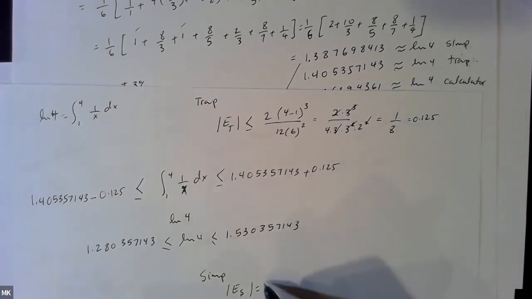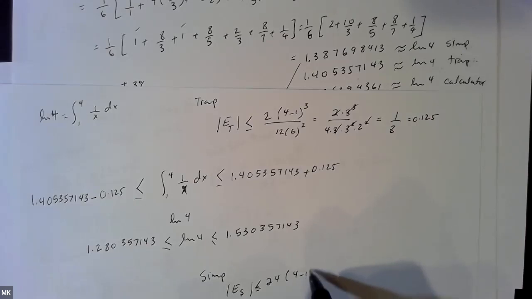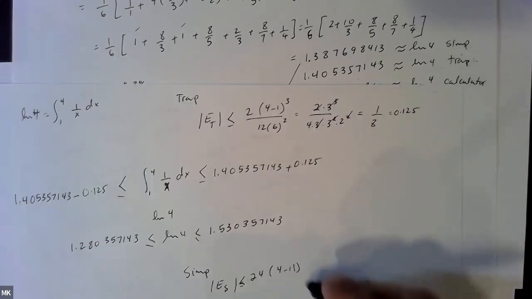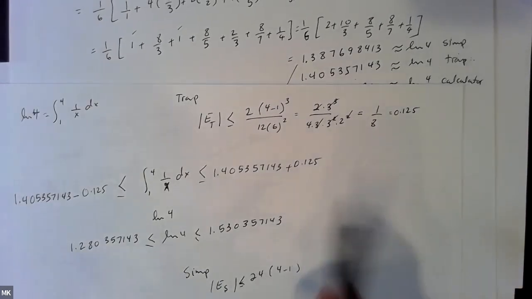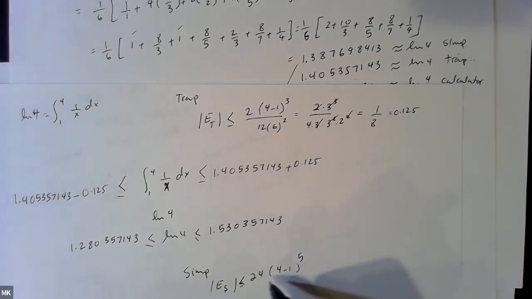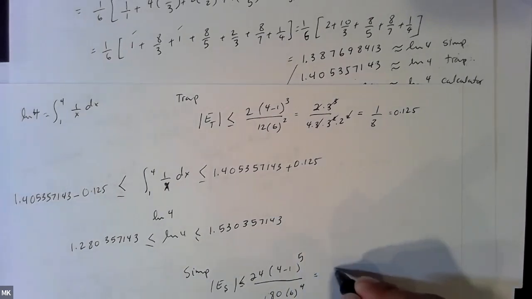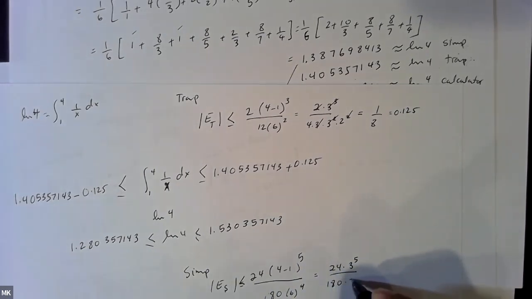So it's going to be 24 times (b minus a) to the 5th over 180 n to the 4th, which is 24 times 3 to the 5th over 180 times 3 to the 4 times 2 to the 4.